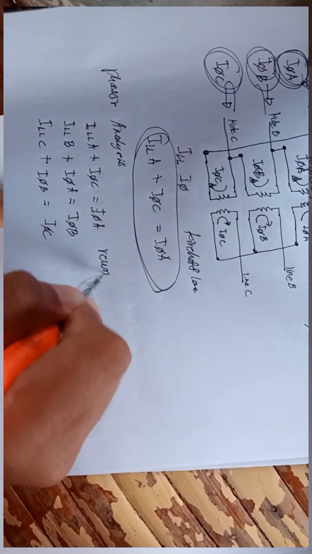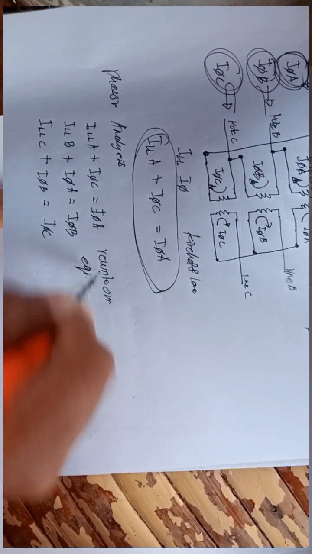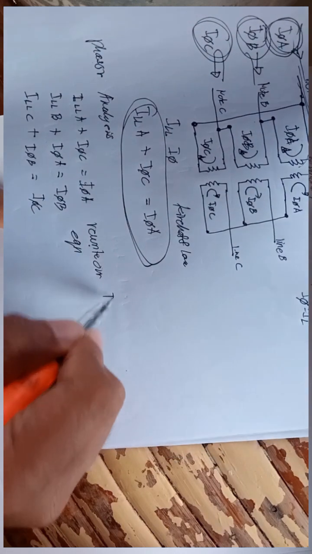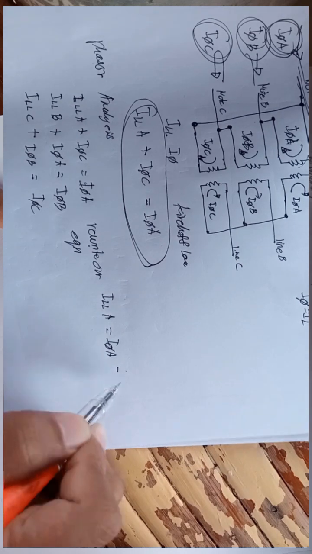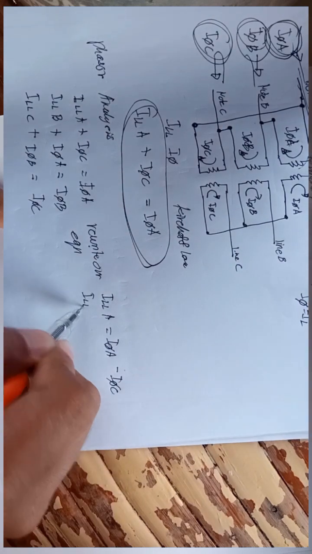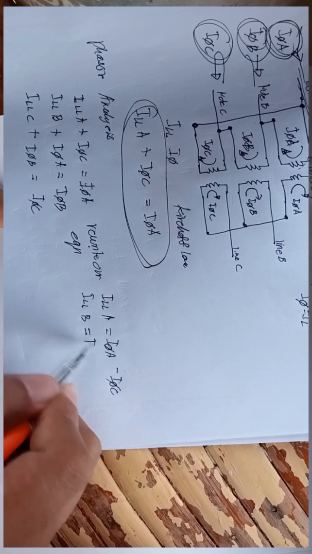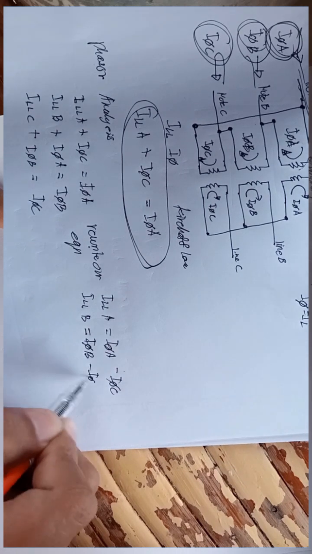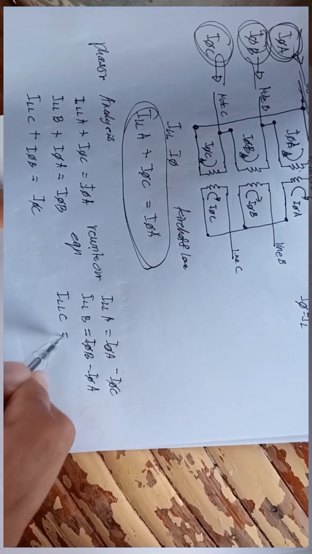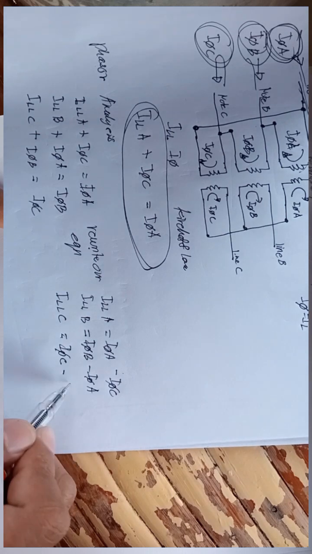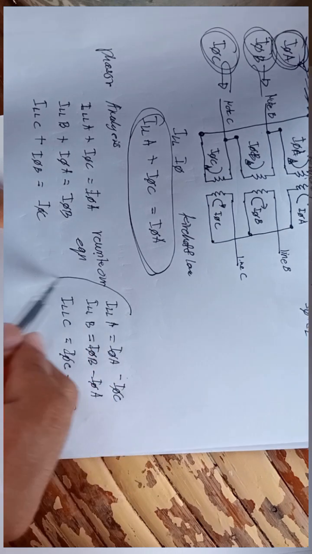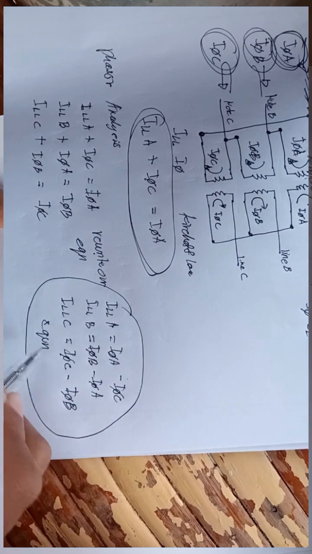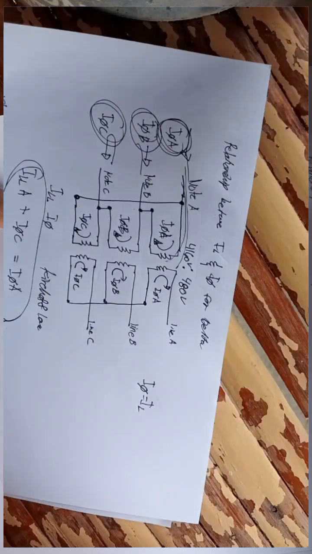Then we got the equation. So we will try to rewrite our equation. So this will become ILL A is equal to phase A minus phase C. Then ILL B is equal to phase B minus phase A. Then ILL C is equal to phase C minus phase B. Then this is our equation for this transformer.